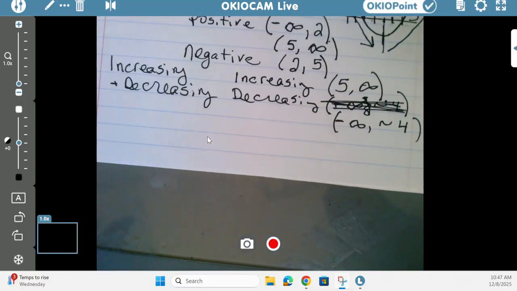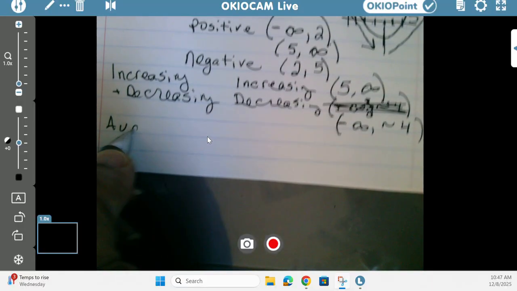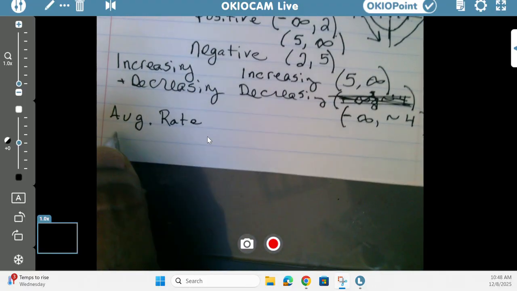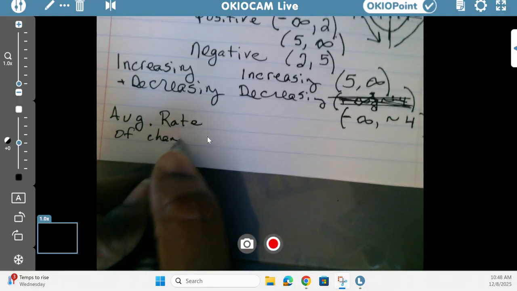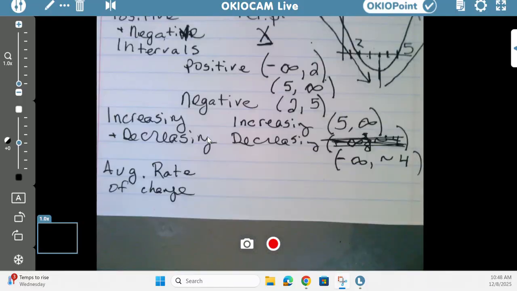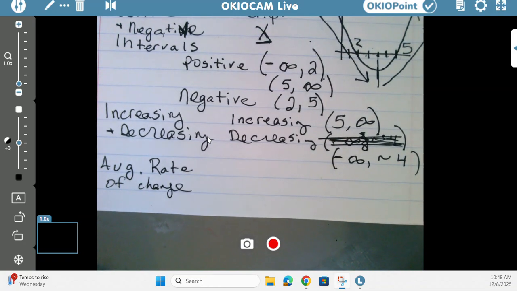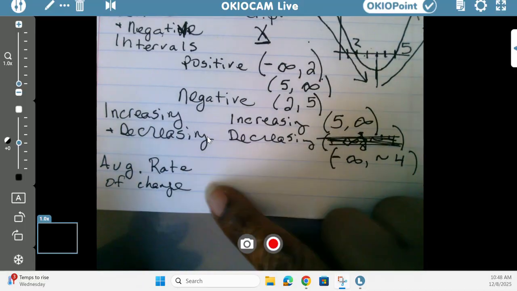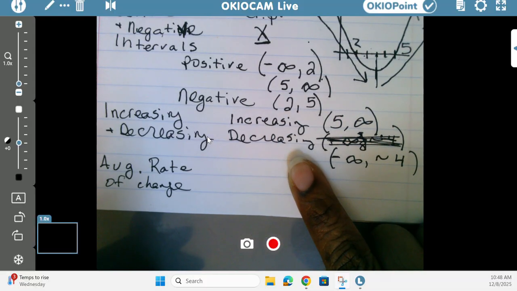The third notation is the average rate of change. Average, so AVG, rate of change. Average rate of change is also with the reference point of x.